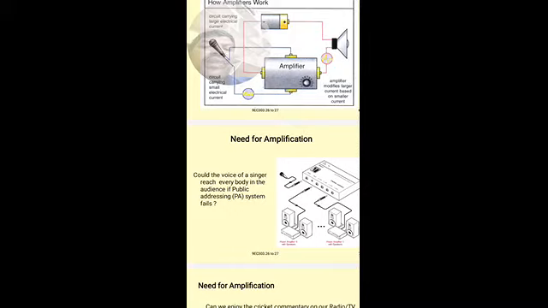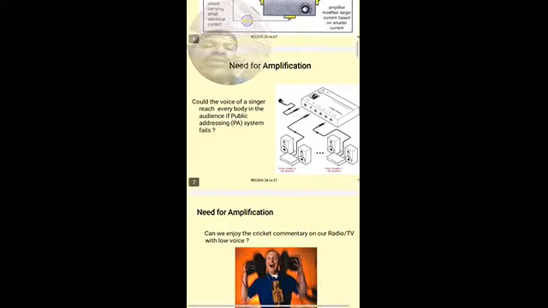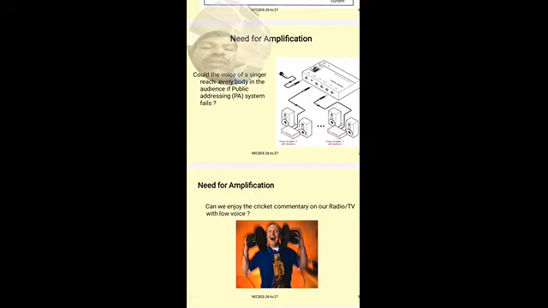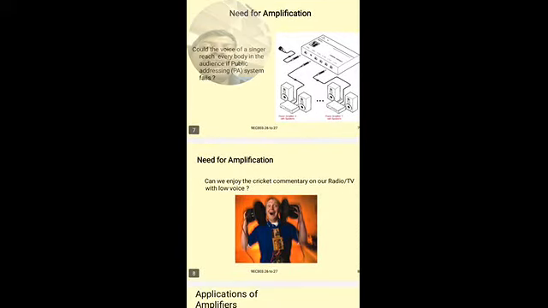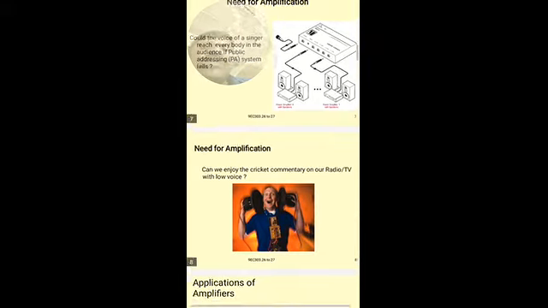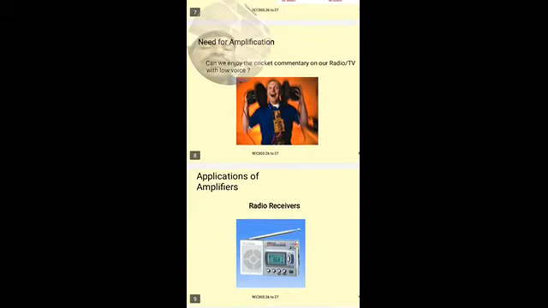So we need a public addressing system so that the voice of the singer reaches all the audience. So we need amplification. Can we enjoy the cricket commentary on our radio with a low voice? No, it's not possible.